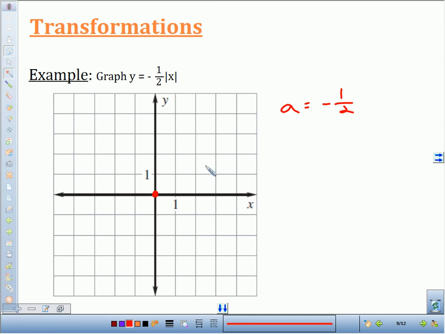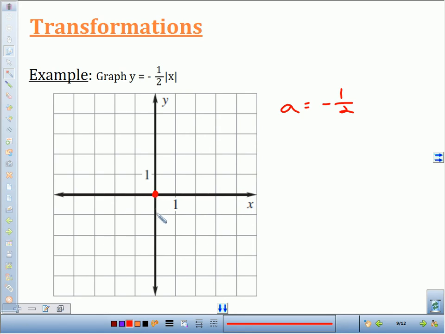Now, as in the last example, we can use a as though it were the slope of a line. But we have to think about it a little bit differently. Normally, if this was just +1/2, we would move up 1 and over 2 for the right side, and then up 1 and backwards 2 for the left side. But since it's -1/2, we have to go the opposite way.